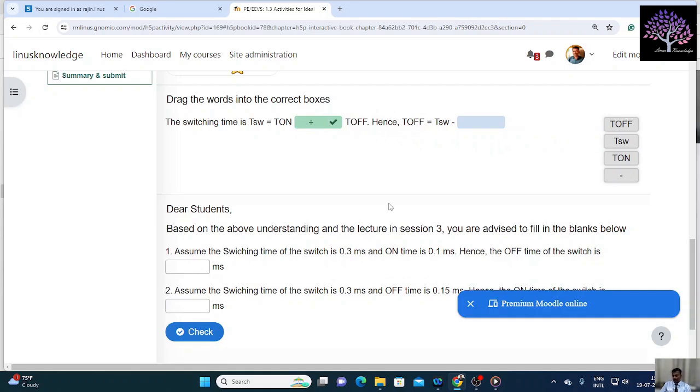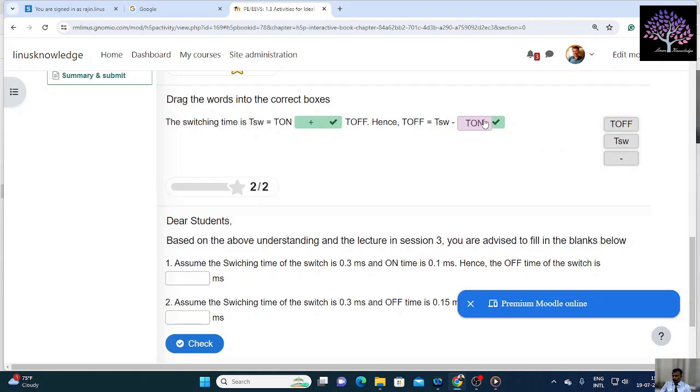Then from this you can find that T off is nothing but T switching minus T on. So here it will be T off equal to T switching minus T on. You click this and select this. So these 2 points you will get for this activity.